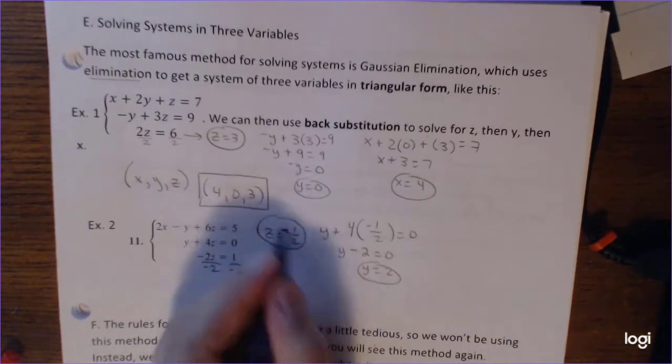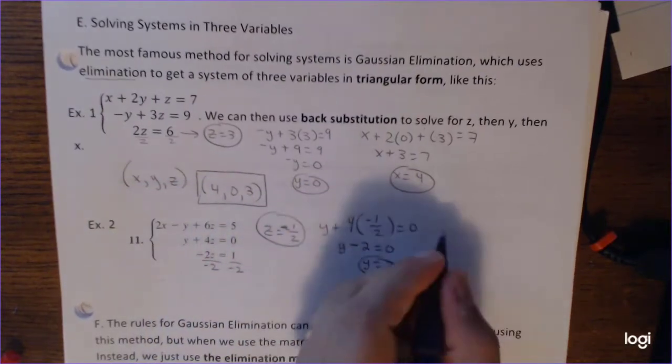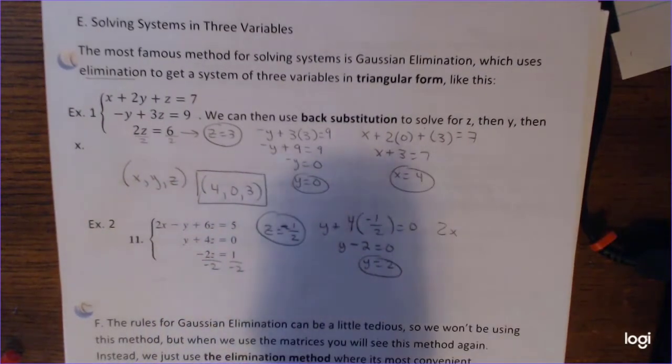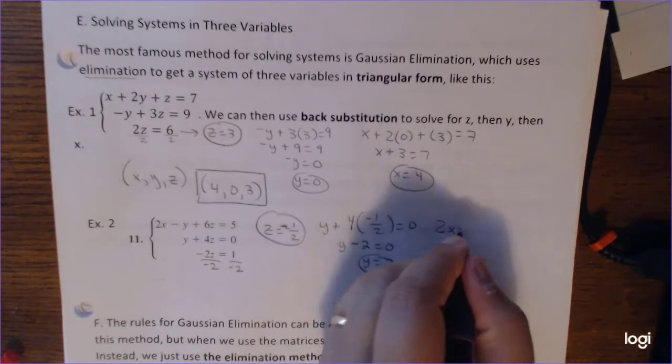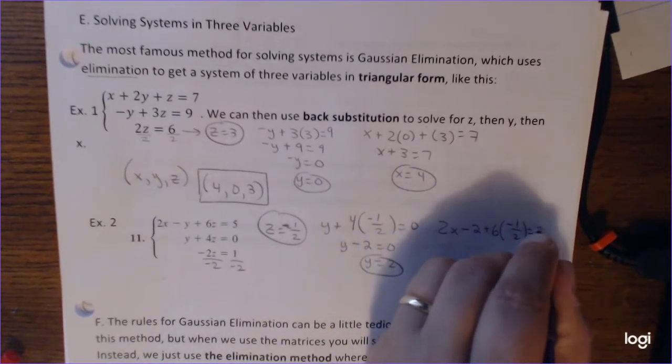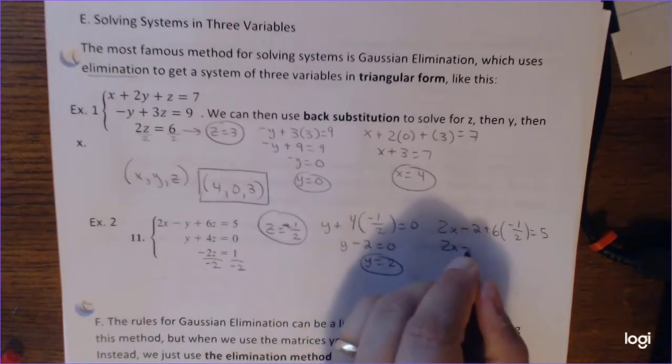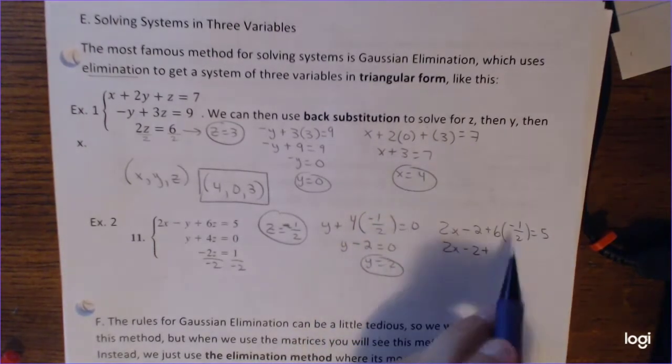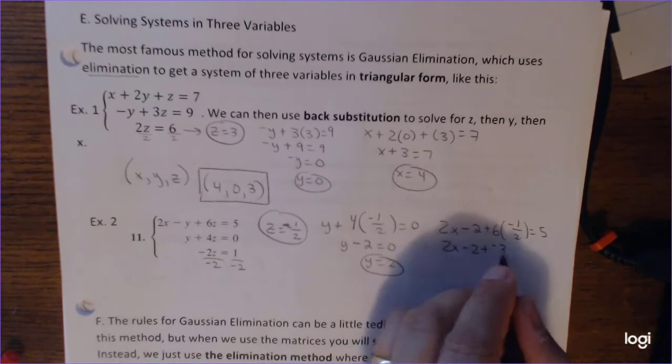So now I can use z and y to find x. 2x minus y, which would be minus 2, plus 6 times negative 1/2 equals 5, gives me, got to multiply these two together, that's negative 3.